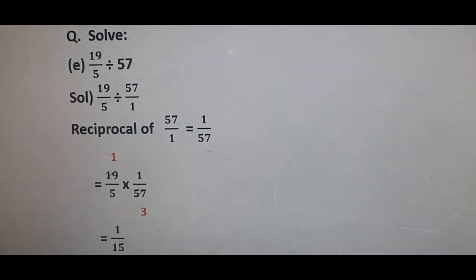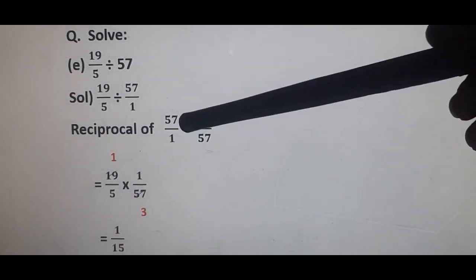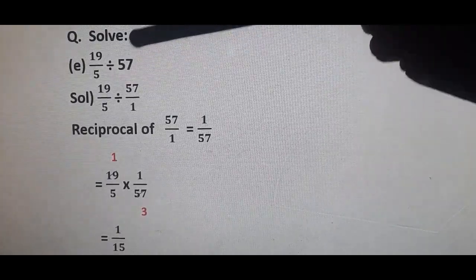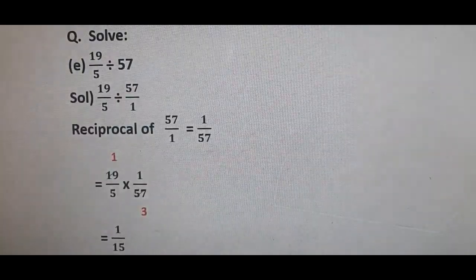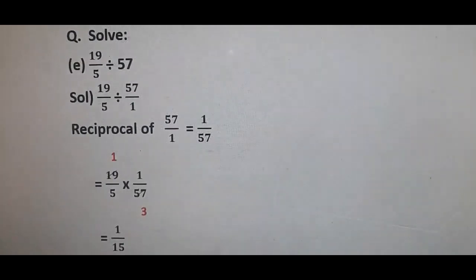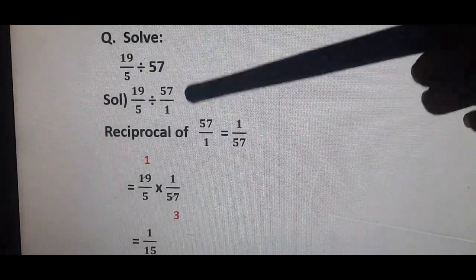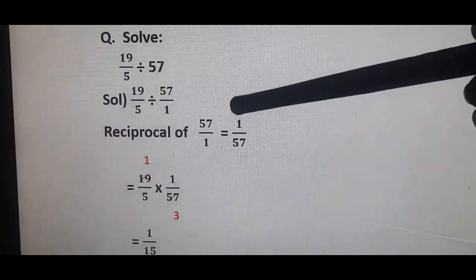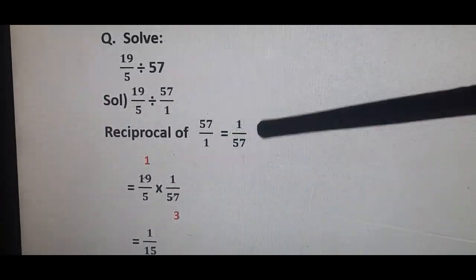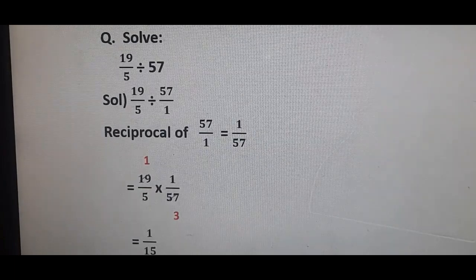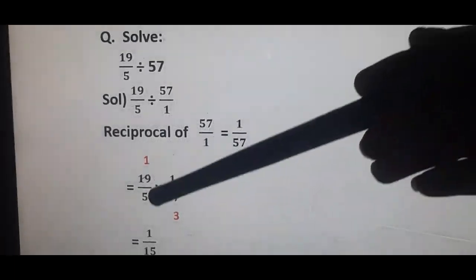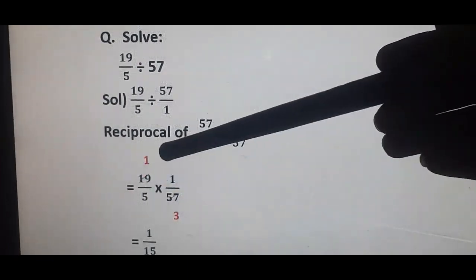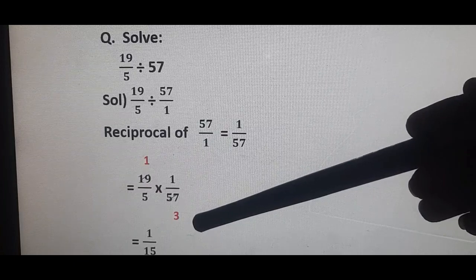Let's understand the division sums with the help of these practice sums. Solve 19 upon 5 divided by 57. So 19 upon 5 divided by 57 upon 1. The reciprocal of 57 upon 1 is 1 upon 57. 19 upon 5 multiply 1 upon 57. 19 ones are 19, 19 threes are 57.